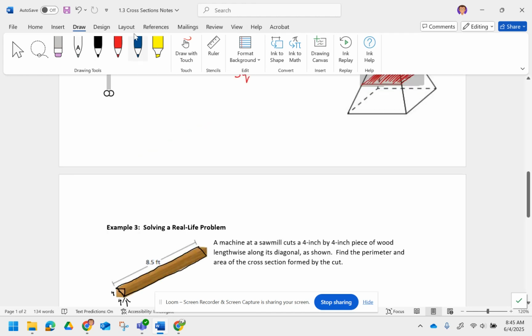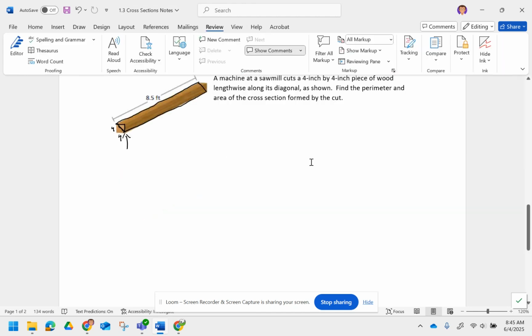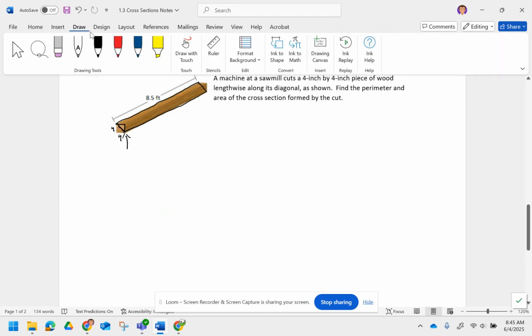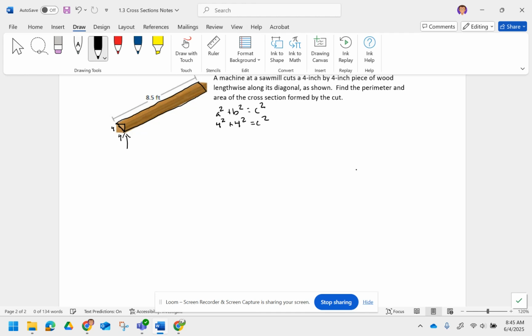So we're going to have a squared plus b squared is equal to c squared. And our two sides were 4 and 4. So we got 16 plus 16. So 32, which is then going to be square root 32.